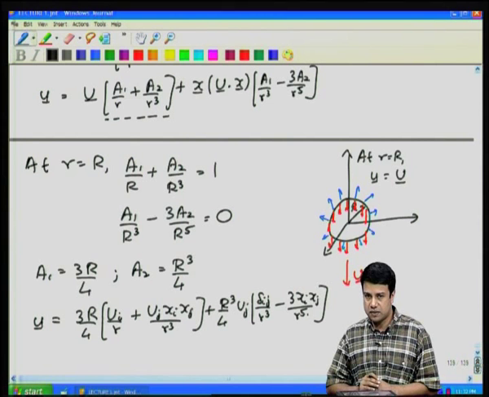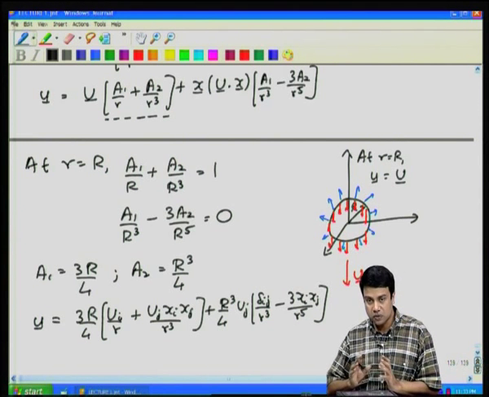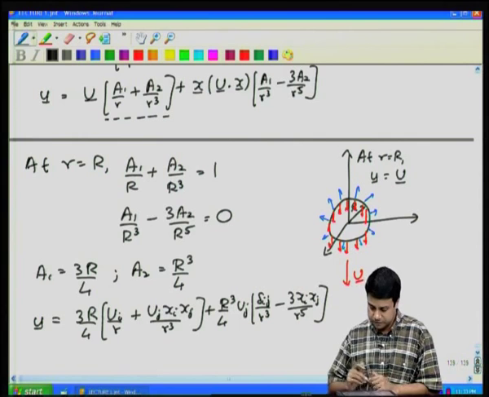So, that is my final solution for the velocity vector, and this velocity is at each point in the fluid. Okay. So, this gives me the complete velocity distribution at all points within the fluid.